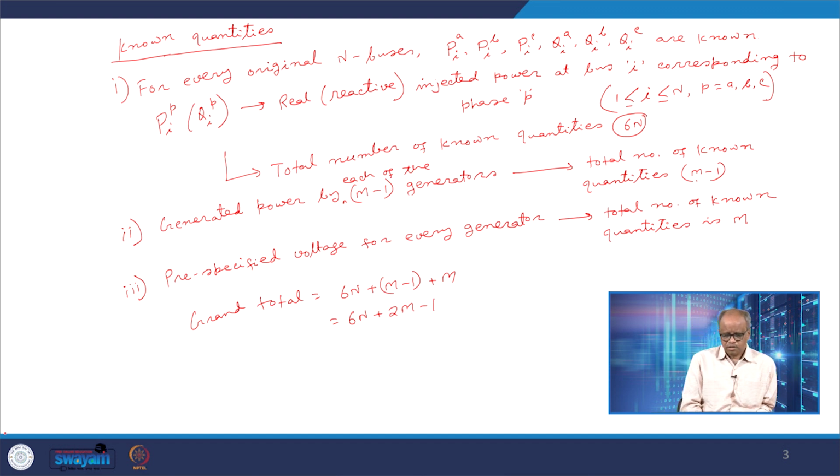Now, as we have classified the unknown quantities, let us first classify the known quantities. So our discussion is now the classification of known quantities.